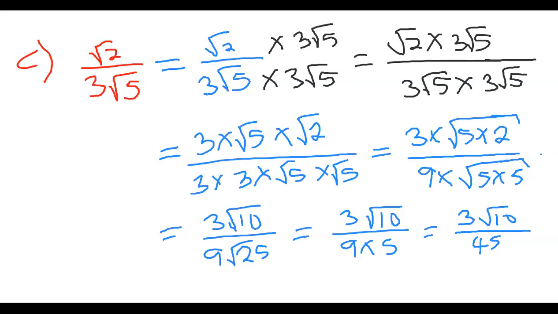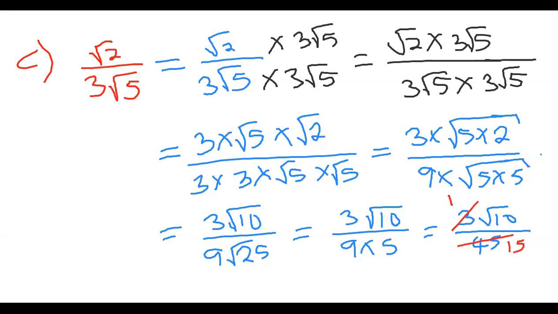And you can even reduce this. You can say that by 3 you get 1, by 3 you get 3, such that in the denominator you have 3 times 5, which is 15. Or in the final answer still, you can simply say that by 3 you get 1, by 3 you get 15.